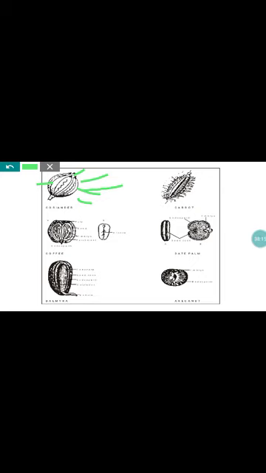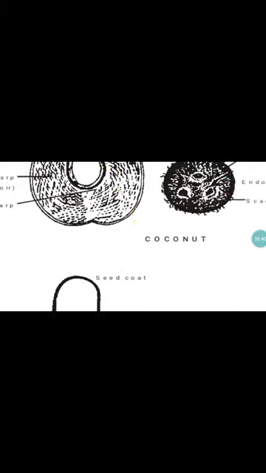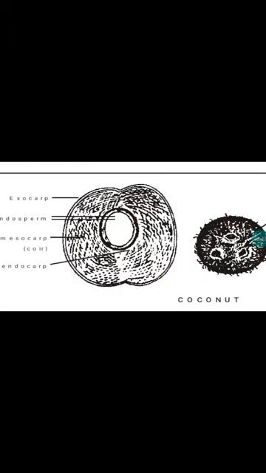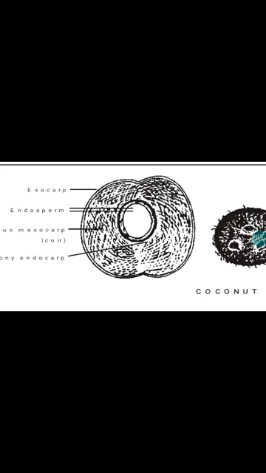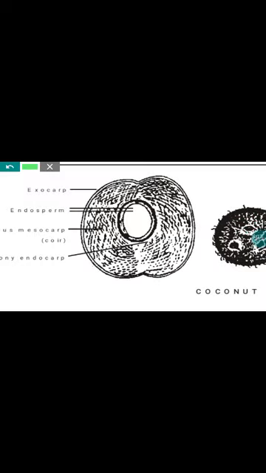Similarly, in the case of palmyra and arecanut, they have stony endosperms. That is the thing with reference to palmyra seed. And regarding coconut seeds, coconut is a very good example of a seed having liquid endosperm. The water available on the inner side of the coconut is the liquid endosperm.